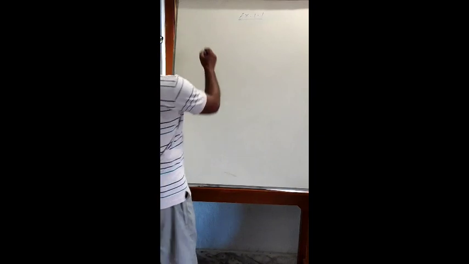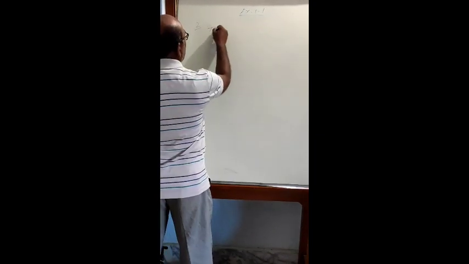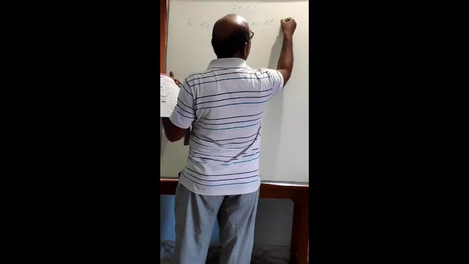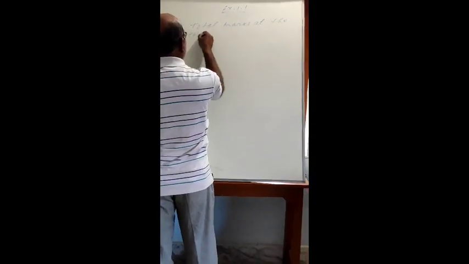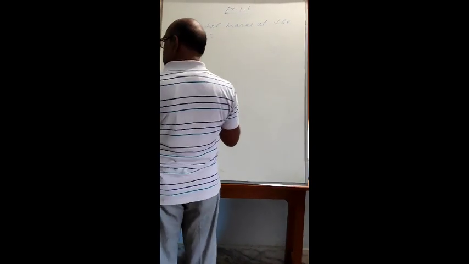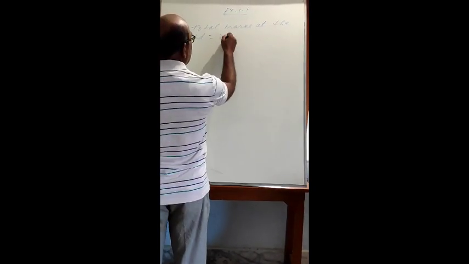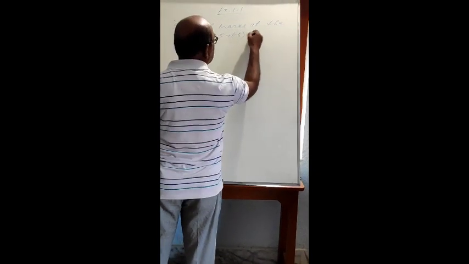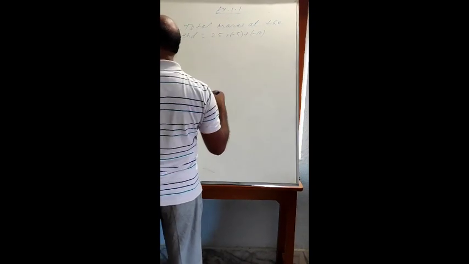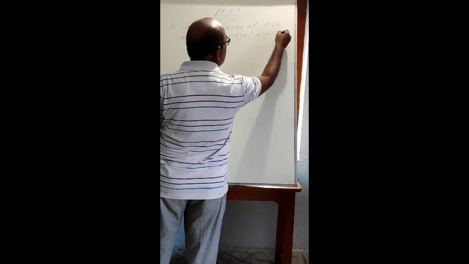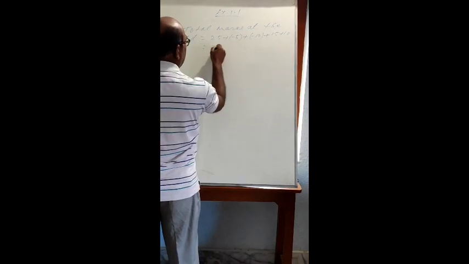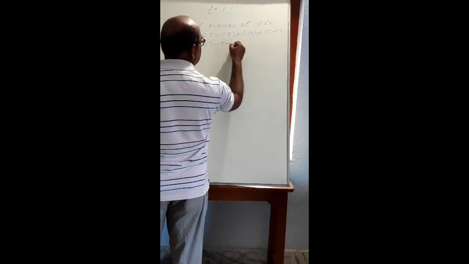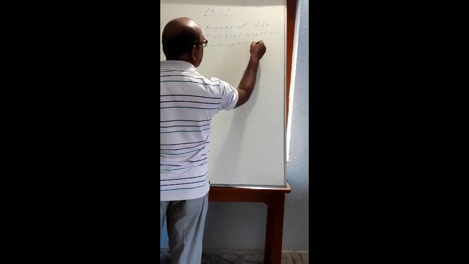Therefore, total marks at the end is equal to 25 plus minus 5 plus minus 10 plus 15 plus 10. This equals 25 plus into minus 5 plus into minus 10 plus 15 plus 10.